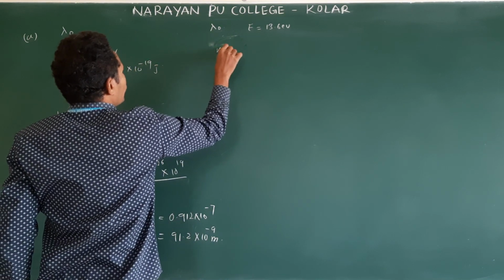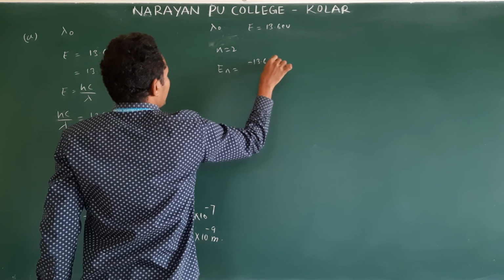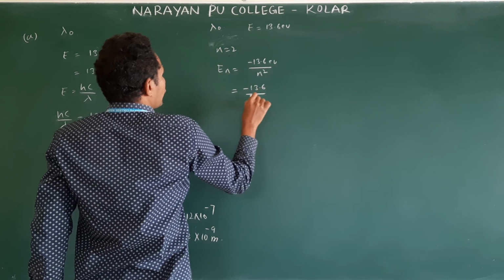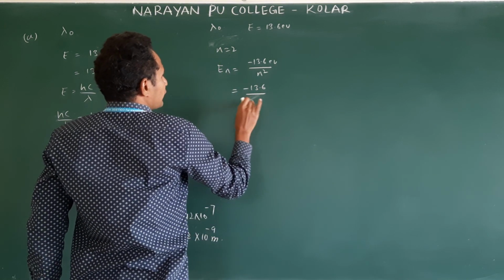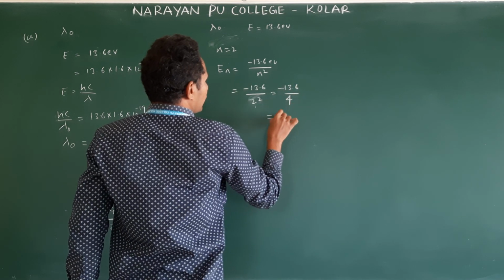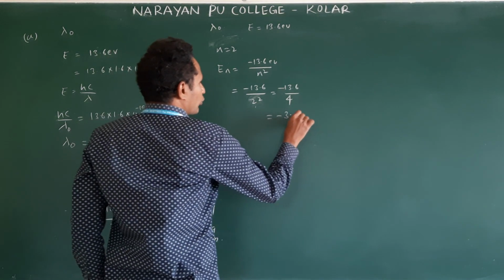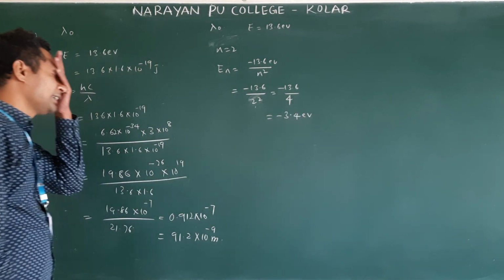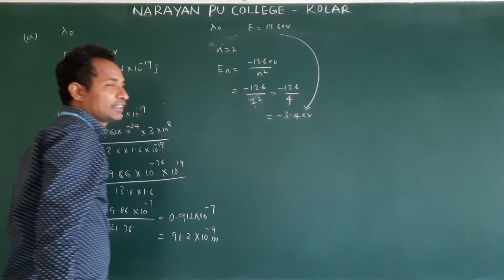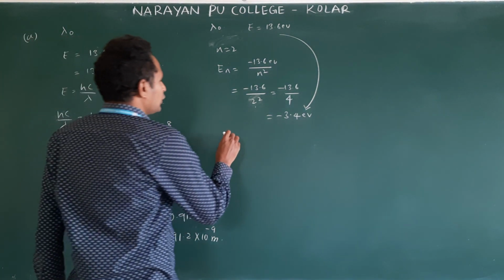When N is equal to 2, what is the energy E2? Minus 13.6 eV by N square. This is minus 13.6 by 2 square, so minus 13.6 by 4, which is minus 3.4 eV. This is the energy of the first excited state. This light is falling on the first excited state electron. So then what happens?